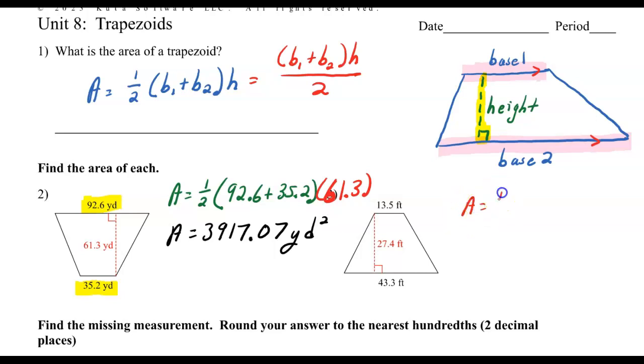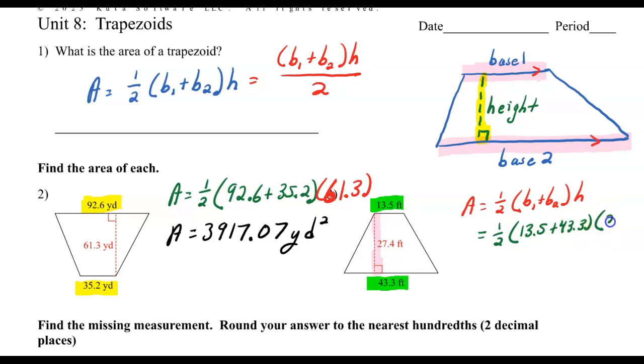The area is 1/2 base 1 plus base 2 times the height. So I'll substitute the numbers. 1/2, the bases are these numbers I'm highlighting in green, and the height is the 27.4. I see that by the right angle. So I'll say 1/2 times 13.5 plus 43.3 times the height of 27.4.